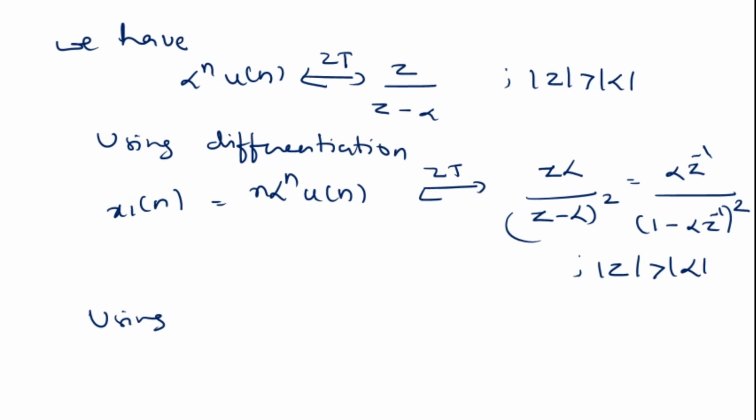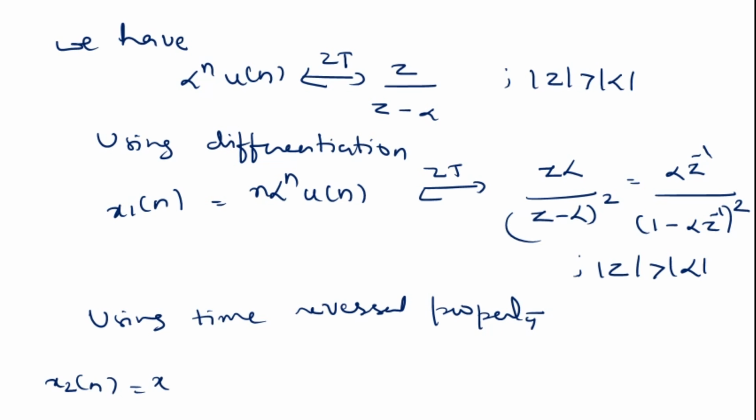And using time reversal property, x2 of n is equal to x1 of minus n, which is equal to minus n into alpha to the power minus n into u of minus n.